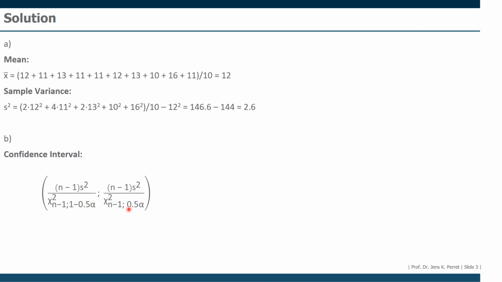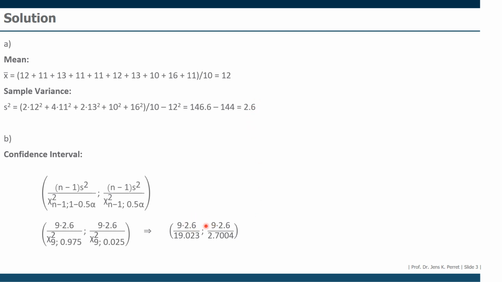And here I'm working with 1/2 times 5%, so I'm getting 0.025. I'm going to look up those two values in my table, leading to, first off, a value of 19.023, and second, a value of 2.7004. Up here, we always have 9 times 2.6, the 9 being 10 minus 1, the 2.6 being the sample variance.